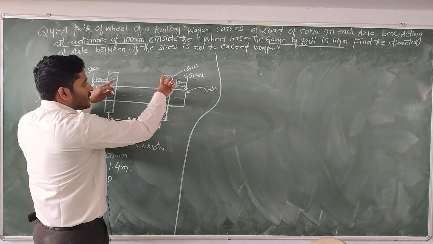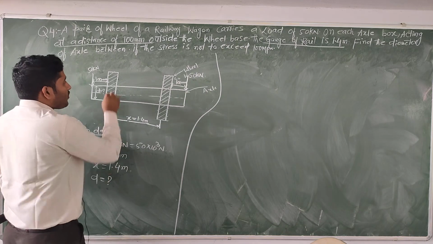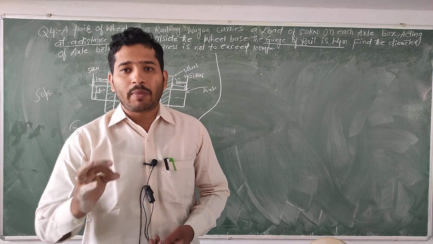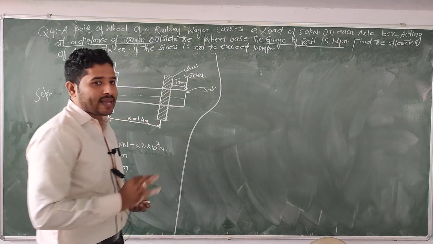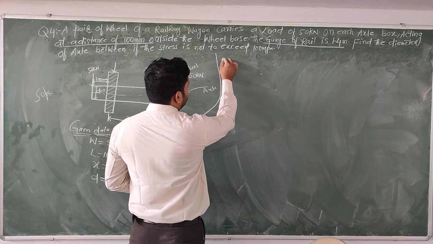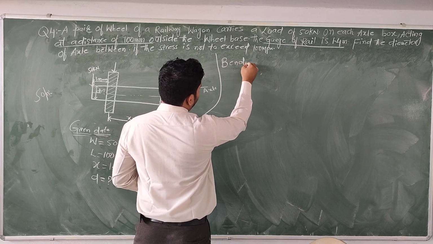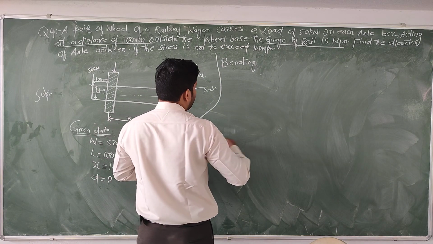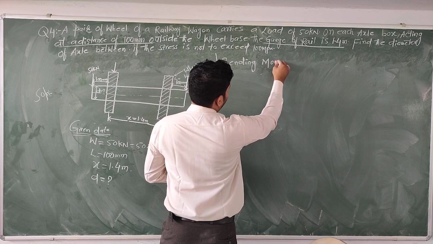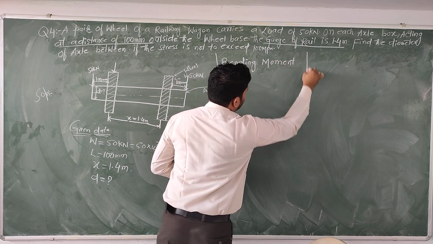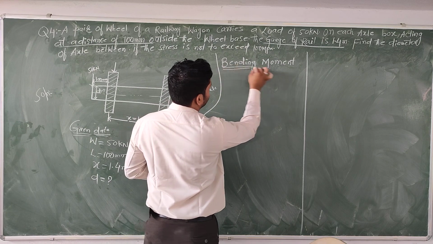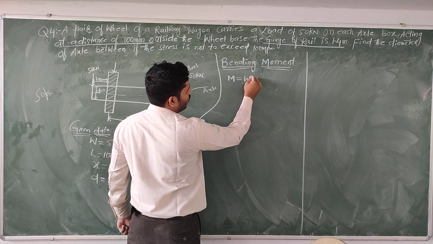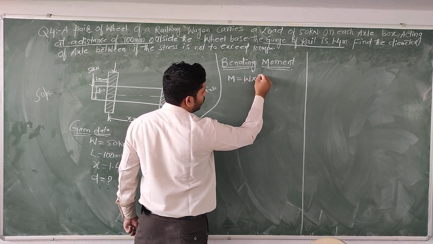If the wheel is acting on the axle, which load is acting on the axle? In the form of bending moment, the load is acting on the axle. Here the bending moment formula is weight or load into length.